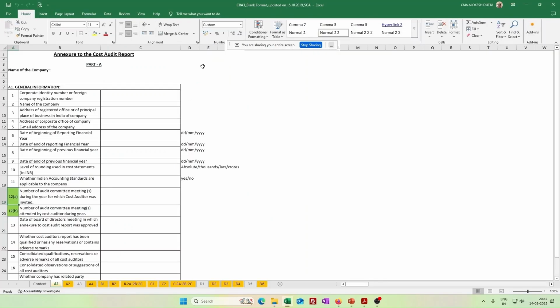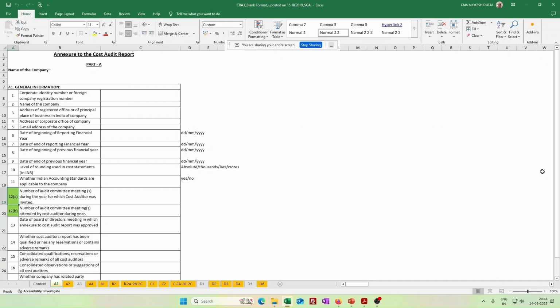Now, this is the annexure to the cost audit report which I have already submitted. There are 4 parts: Part A, Part B, Part C and Part D.